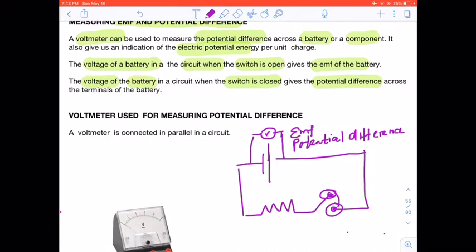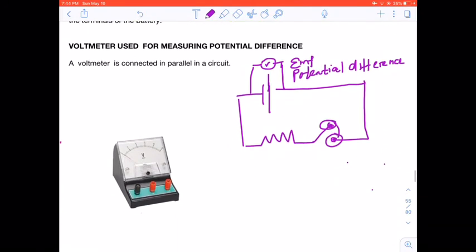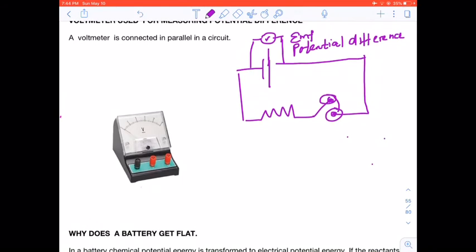So in a battery you normally have an internal resistance, and when a current flows, there's a certain amount of volts that is lost within the battery, or there's a voltage drop within the battery, and if we then measure the voltage, you're actually measuring the potential difference rather than the EMF, because current then flows in the external circuit.